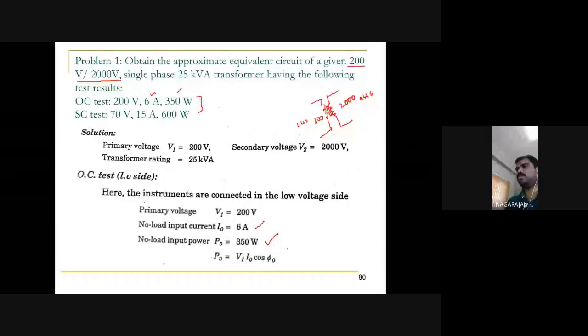We know the no load power is given in terms of voltage and current as V1 I naught cos phi naught. In our example we denote that as W naught. So from this value I need to identify cos phi naught first.